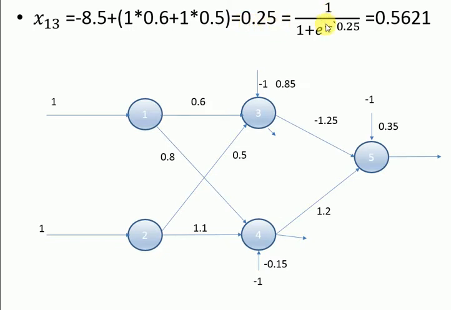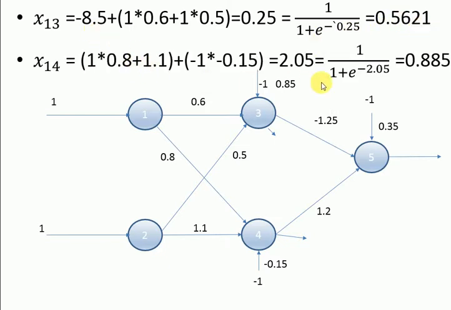That is 1 over 1 plus e power of minus 0.25, which is equal to 0.5621. So the value we are getting is 0.5621.